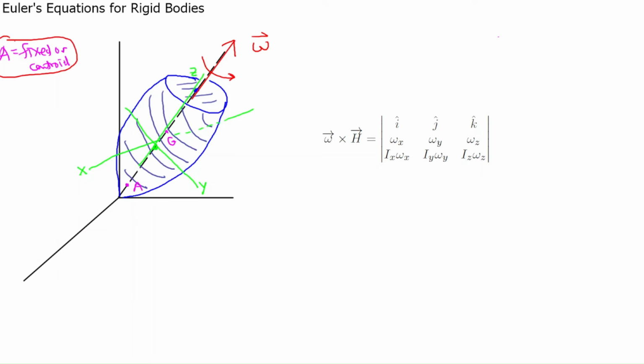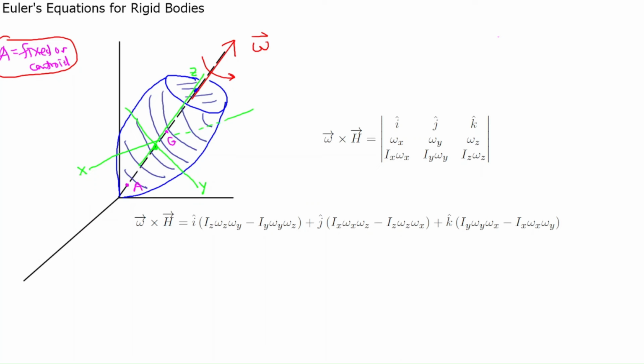The math works out the same. Now, if it's not a fixed point or a centroid, then things work out differently. So if we execute this determinant here, let's see what we get. You guys probably know how to do these determinants, so you can check that, make sure I've done it correctly. Just check it for yourselves.